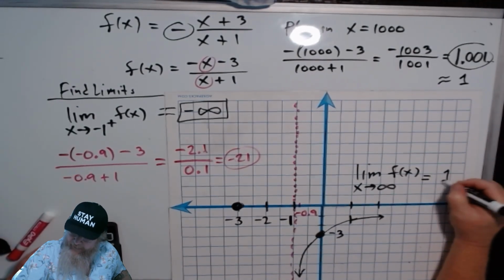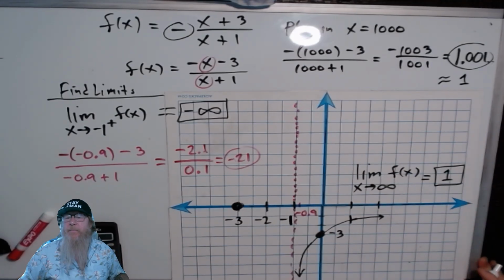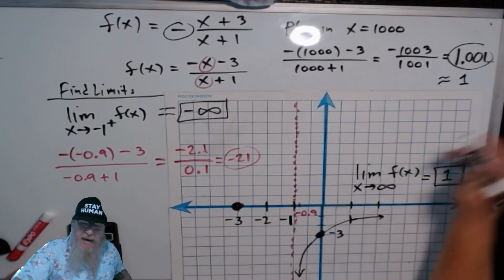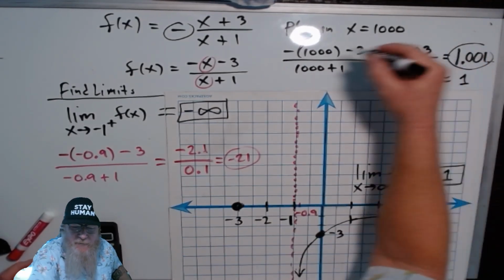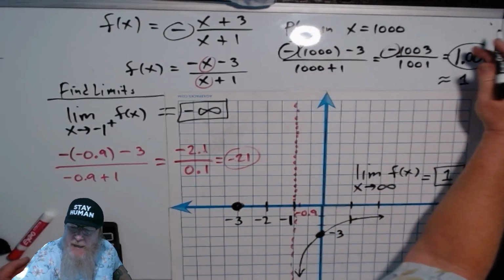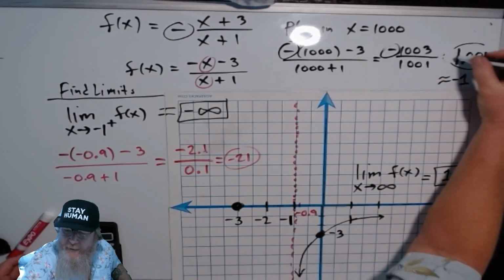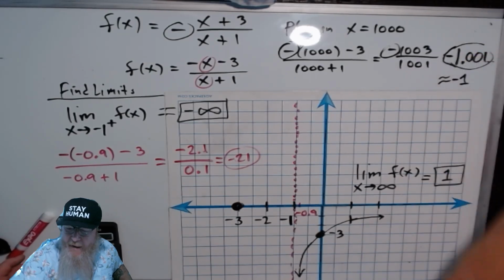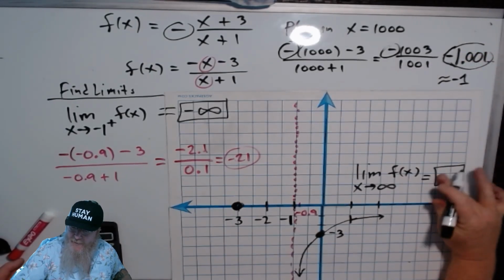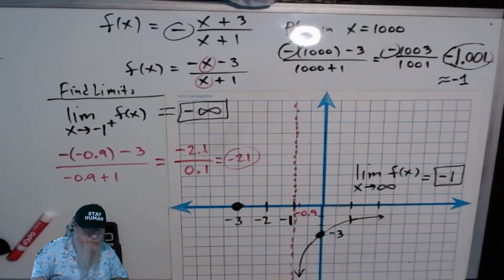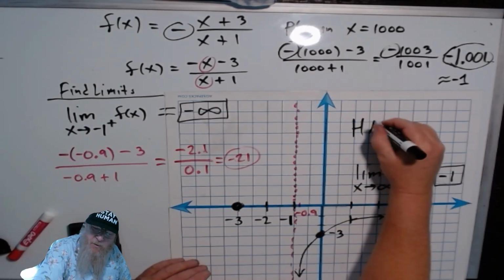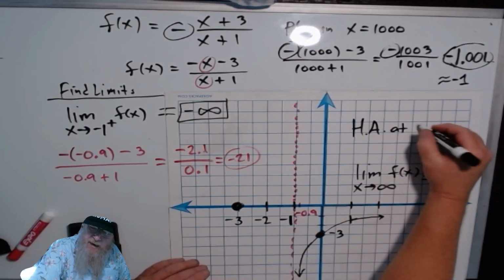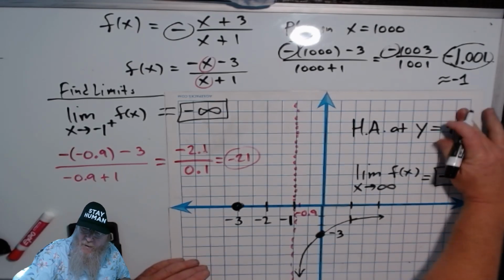So this limit is equal to 1. Sorry, negative 1. I forgot the negative. I told you. Be careful with the negatives. As soon as I looked at the graph, I realized it was negative 1. So that means there's a horizontal asymptote at y equals negative 1.